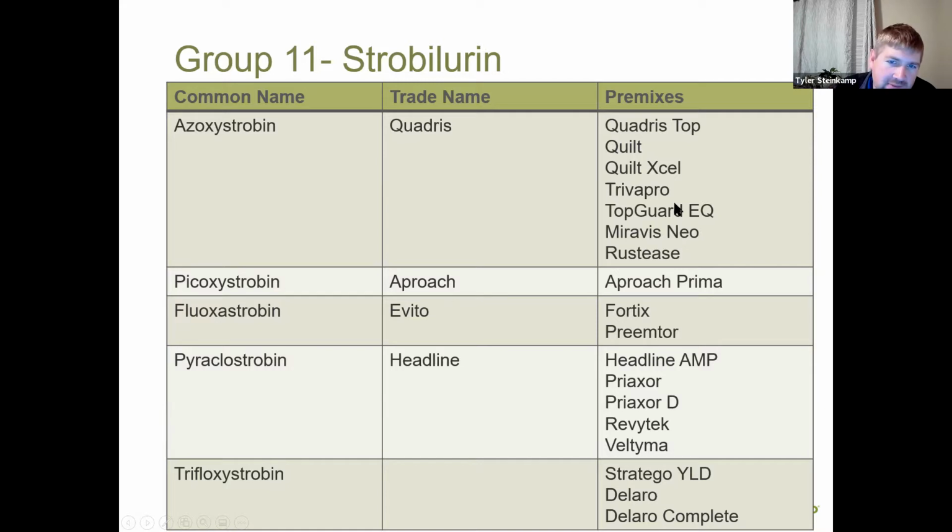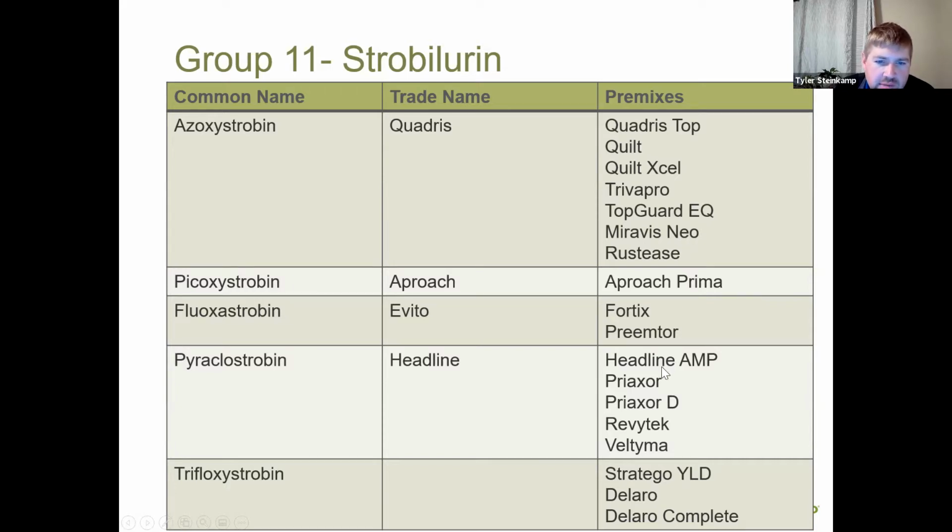So if rust is a factor you're considering, Trivapro is going to be the better option. If you don't, I would stick with that Miravis Neo, probably actually on both corn and soybeans as well.